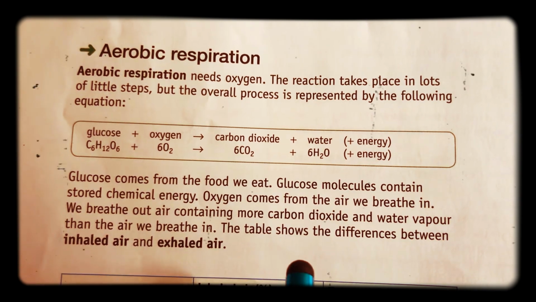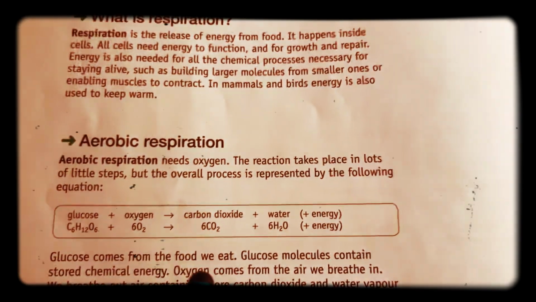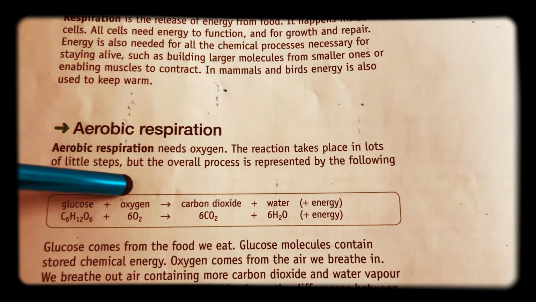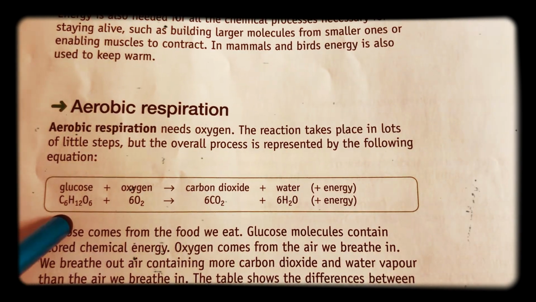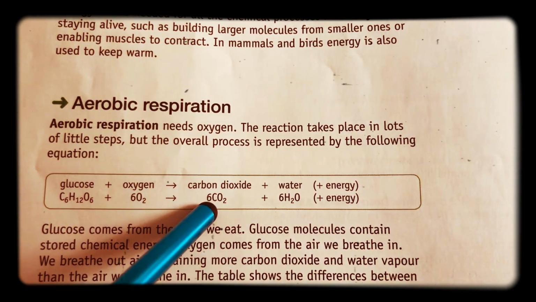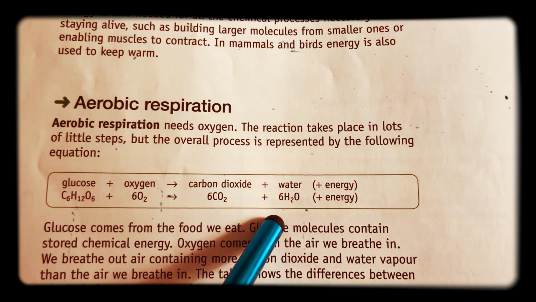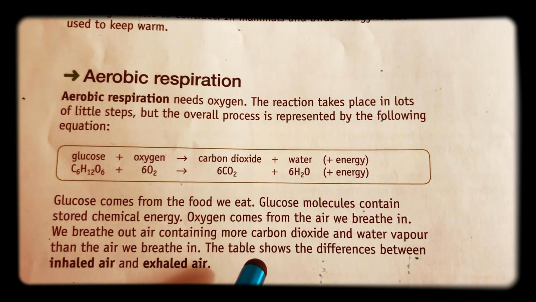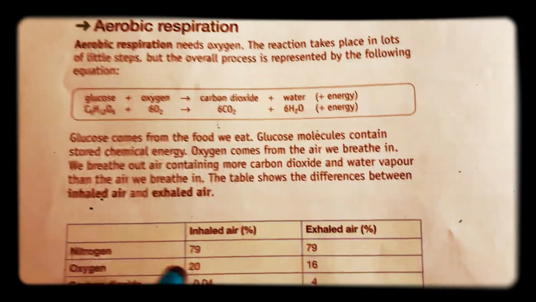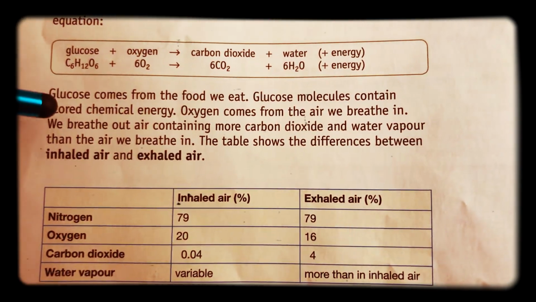So that is the definition of aerobic respiration. It's the release of energy from food using oxygen and glucose to produce carbon dioxide and water. Very, very clear there. Make sure that that is in your head before you do your test.